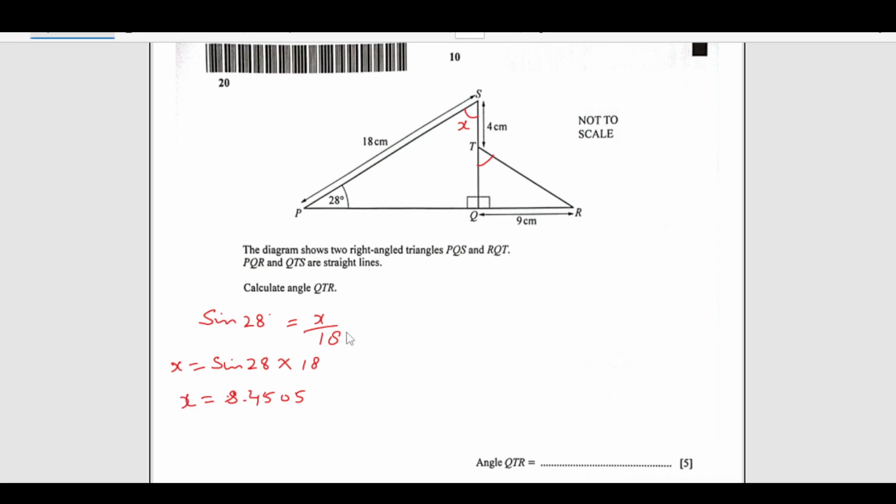So we got the value of x. Sorry guys, I'm making a mistake here. Let me redo this one. So x is this one here, PQ. We are using SOHCAHTOA here.